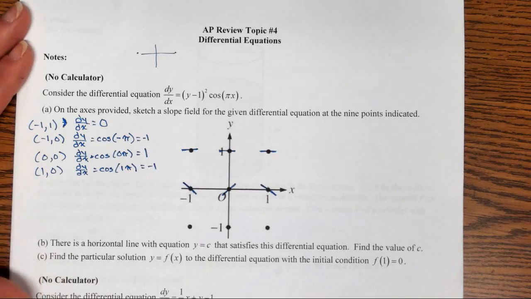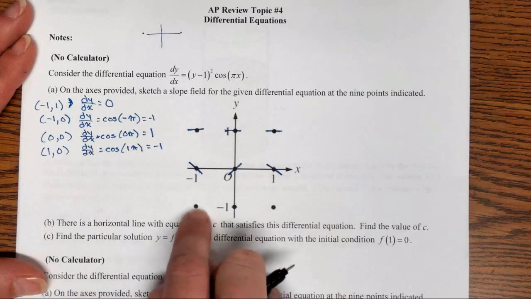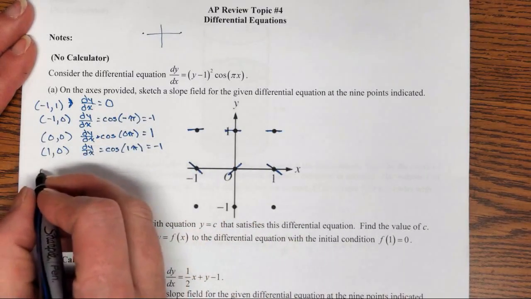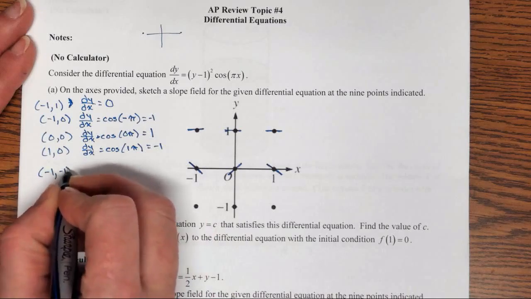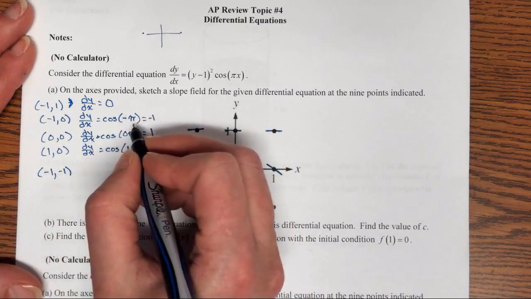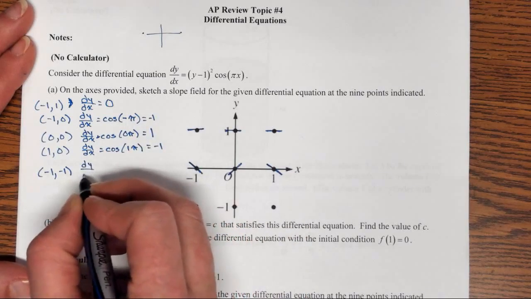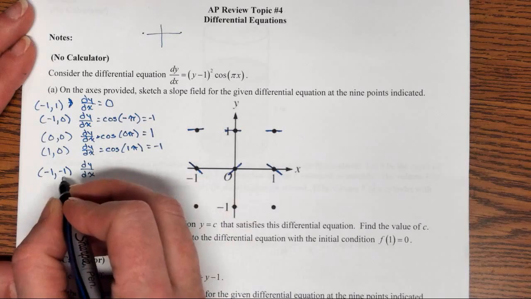Now let's look at the next one. This point is -1, -1. Now I already know what I'm going to have for my cosine value, so I need to remember that. But when I plug in y, y is negative 1.